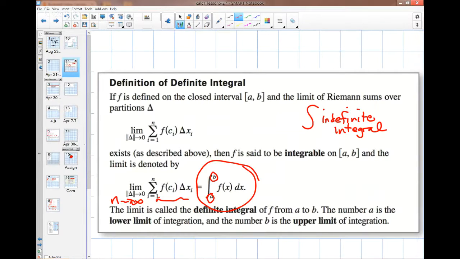It's just a general integral, but when you have these two specific numbers, from what to what, that's called a definite integral. Well, you can see it right down here too. Definite integral. And I'll be showing you how to do that.